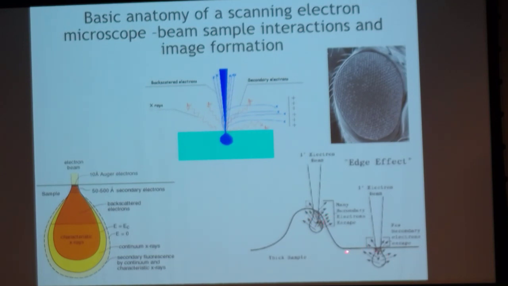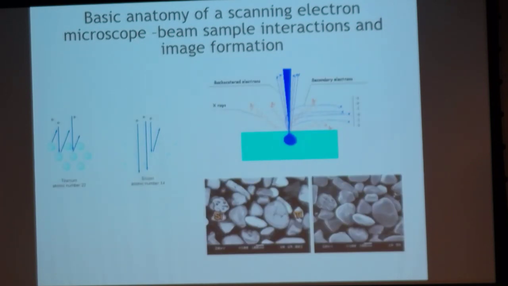In comparison, with something flat like this, only very little escapes from that surface. So you get beautiful images, like the shadowing effect or the eye of some insect. That's the nice thing about SEM.